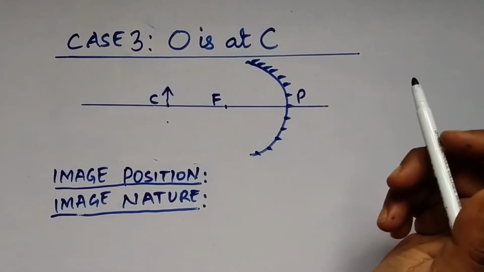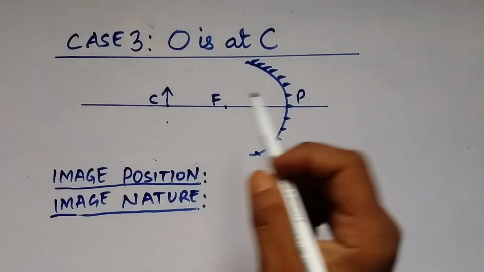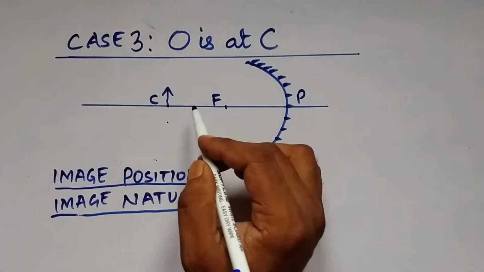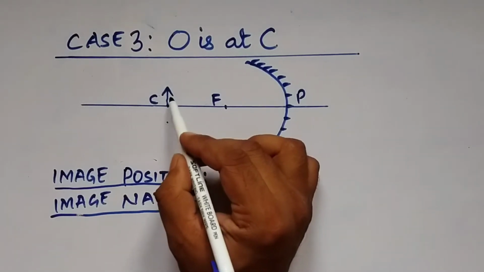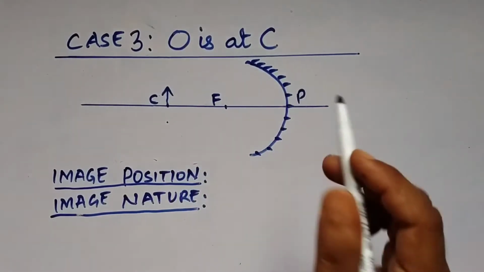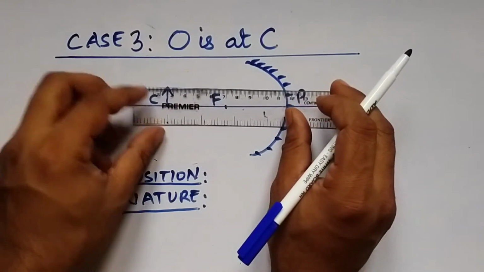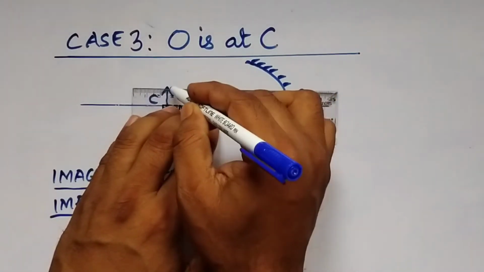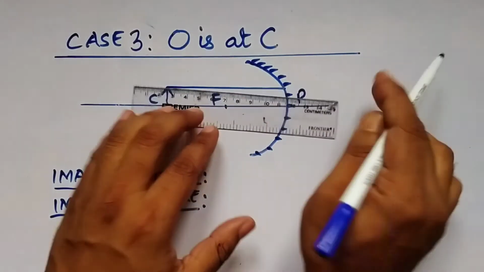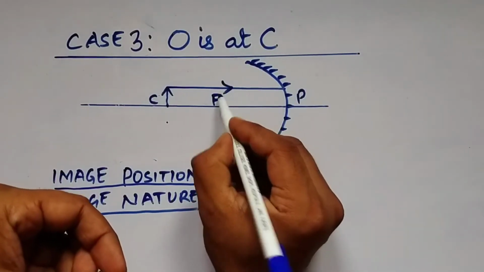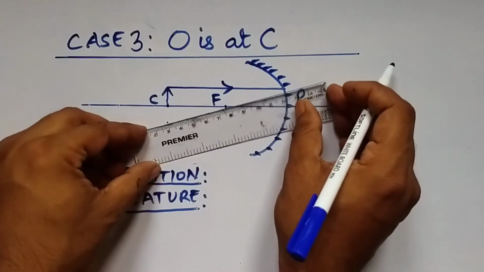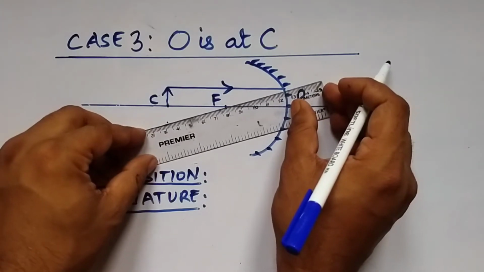Now let us discuss the third case, in which the object is at the center of curvature. If the object is at the center of curvature, then again we'll consider the two standard rays. One ray will be parallel to the principal axis. So this is the ray parallel to the principal axis. After reflection, it will pass through the focus.